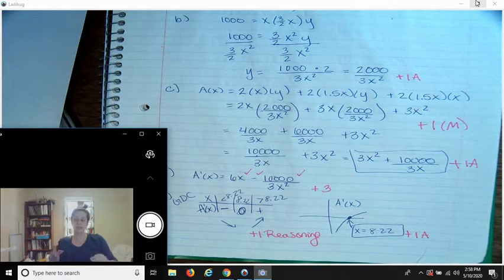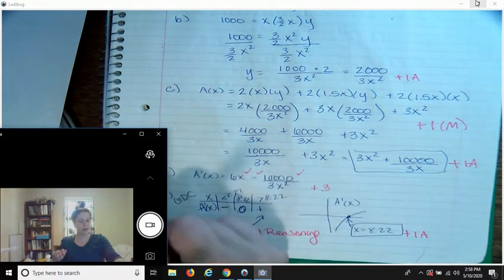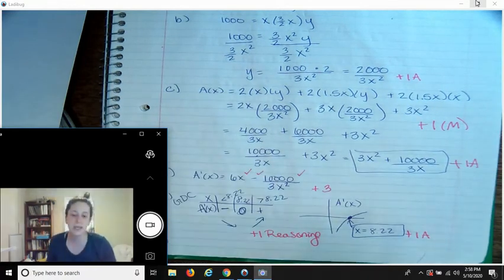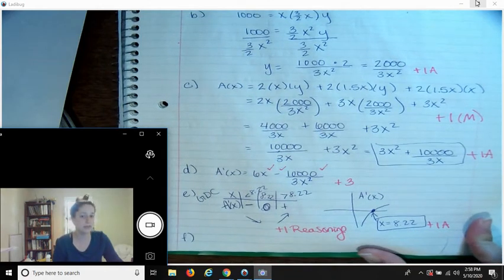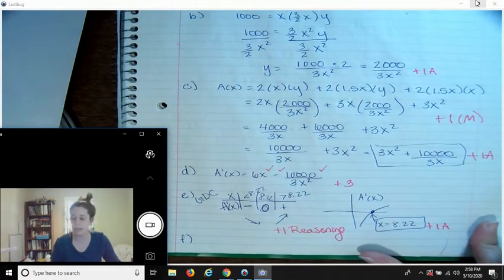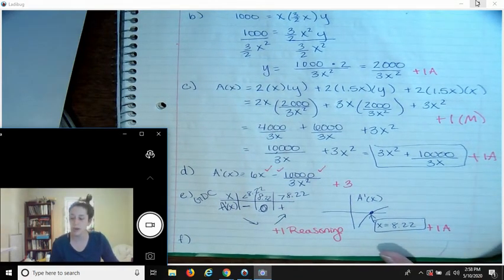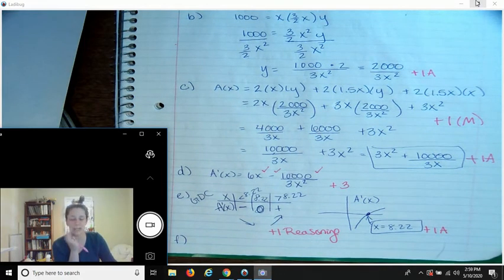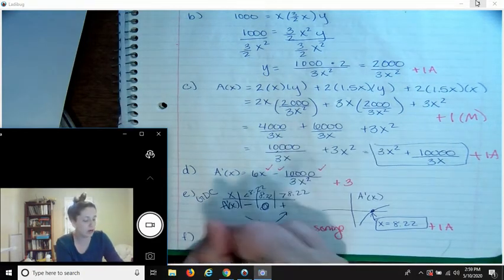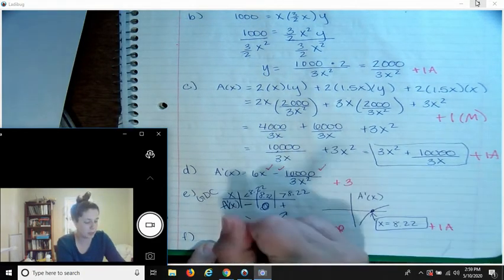Okay, so that's that. And then for part F, it says find the minimum surface area of the box. So to find the minimum surface area, we sub in this 8.22 value. I actually solved for the value on my original solution and then subbed it in, but you can use the estimate, it's fine. So we would take our original function A and sub in 8.22.